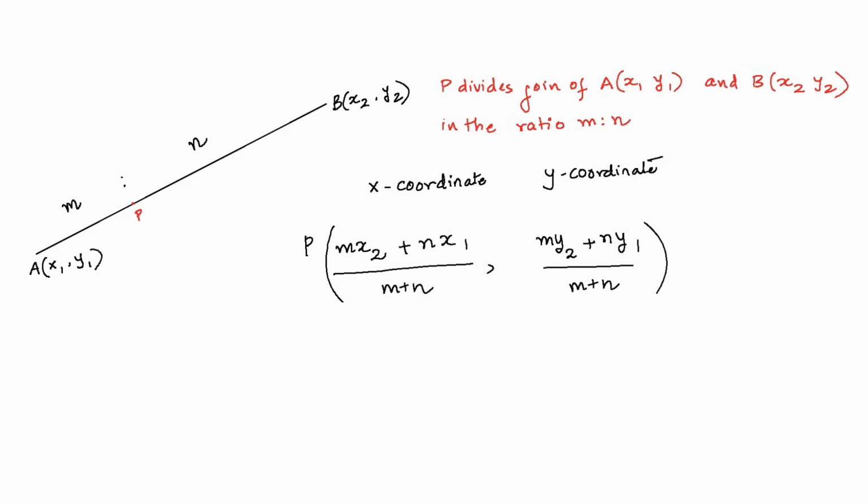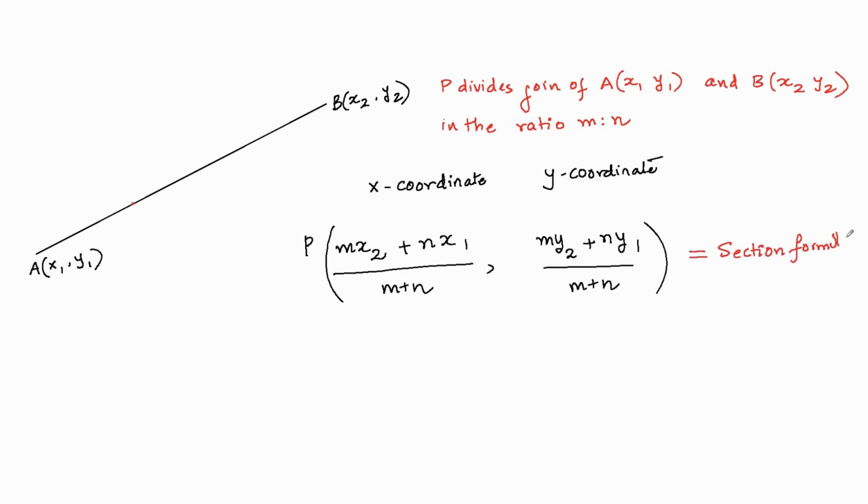Now, one of the important outcomes of the section formula happens to be the midpoint formula. So let's understand the midpoint formula in brief. In case I have A and B, these are the coordinates x1, y1 and x2, y2. So let us label this as the section formula.